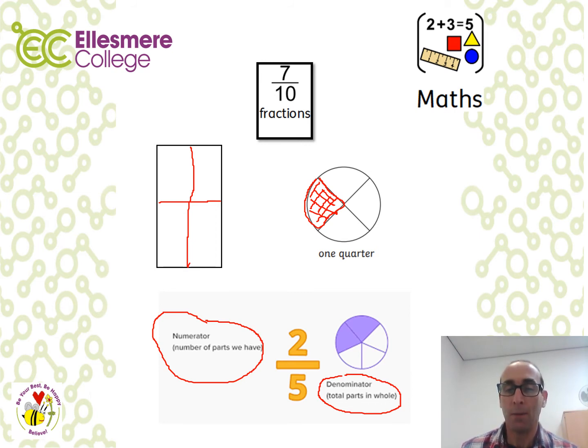So as an example of 2/5, we have here a circle, which is divided into 5. 1, 2, 3, 4, and 5, which makes the whole. So that gives us our denominator number. And if I just change colour, we have 1 and 2 parts shaded in, which gives us our numerator.